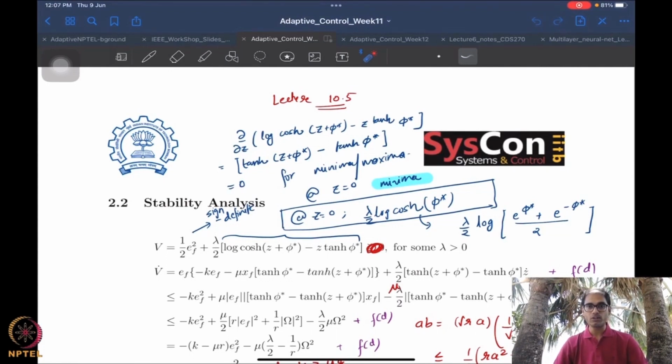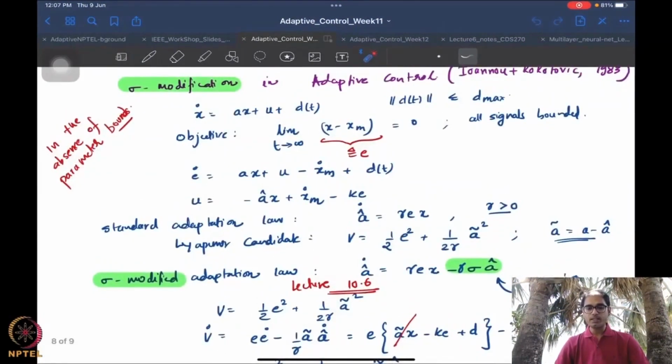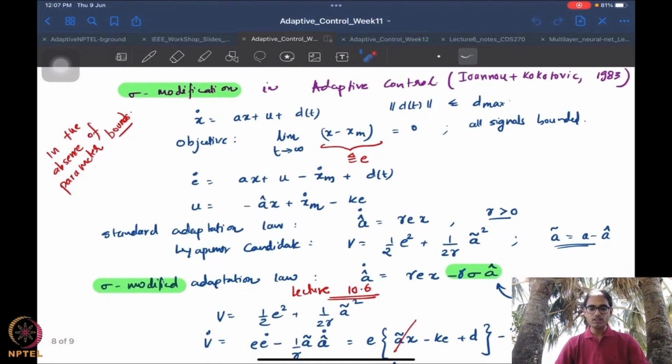One of the concerns that may be raised in such solutions is that you require knowledge of the bound on parameters, though it's a very reasonable assumption. But if you do not have such a knowledge, then there also exist solutions. They're called the sigma modification and the epsilon modification.